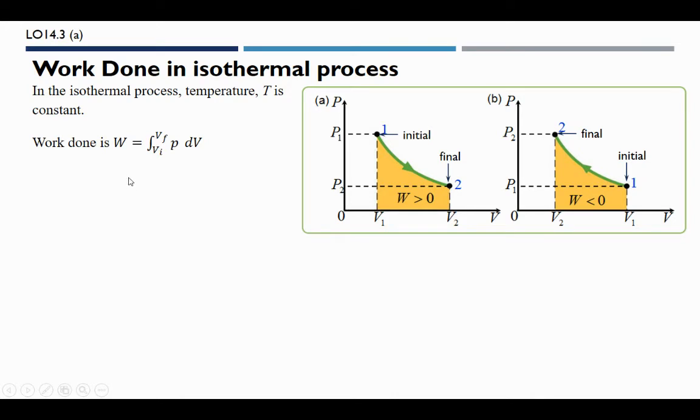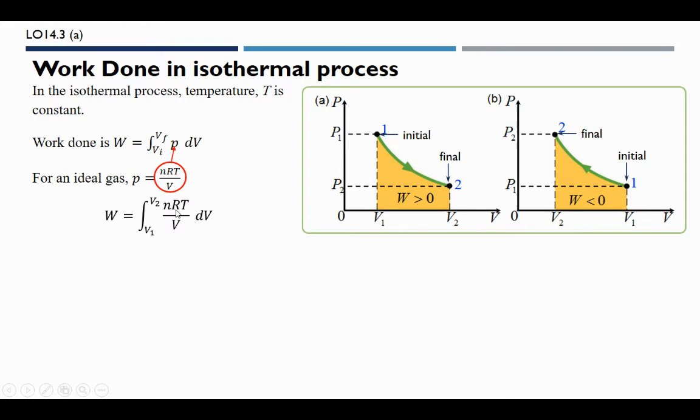To get the correct formula for the work done in this process, again we take the formula W equals the integral of P dV. We can substitute P equals nRT over V from the ideal gas law. Hence, W can be written as the integral of nRT over V dV.